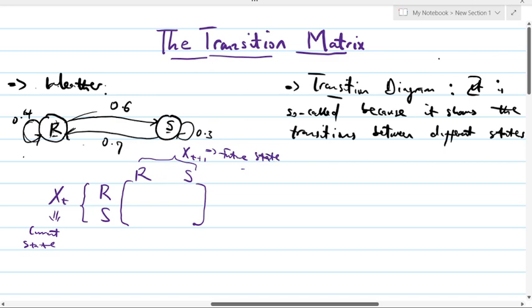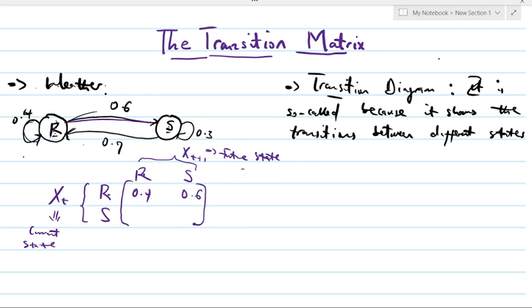So let's go back to our transition diagram. Raining now: the probability of transiting from raining to raining is 0.4, and the probability of transiting from raining to sunny is 0.6.